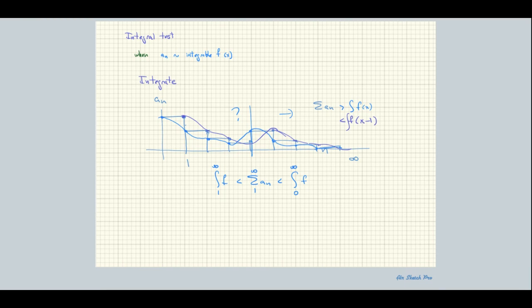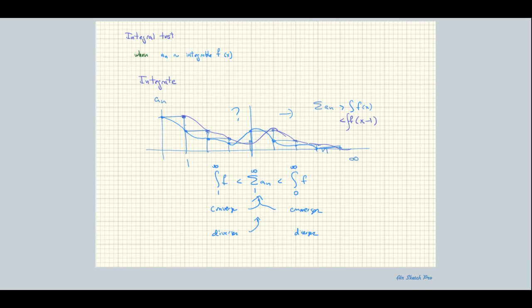And so what's happening is, if the integral of this converges, then so does this. And that forces this to converge as well. On the other hand, if this diverges, then so does this.